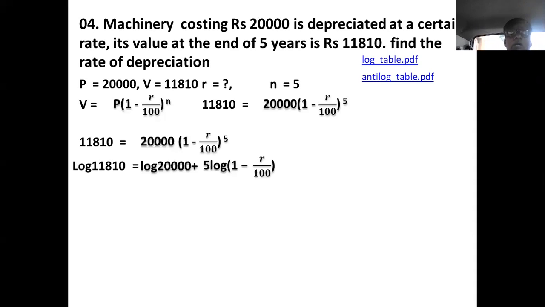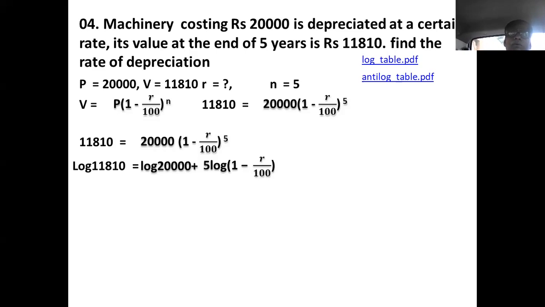Then you see in the logarithm table. In the logarithm table, characteristic: 11,810 is the number. It is a 5-digit number. Therefore, its characteristic is 4. Since it is a 5-digit number, its characteristic will be 4. Then you see in the logarithm table.